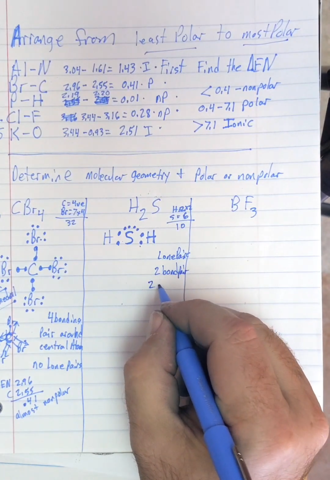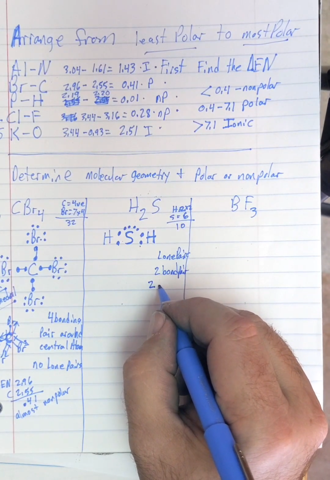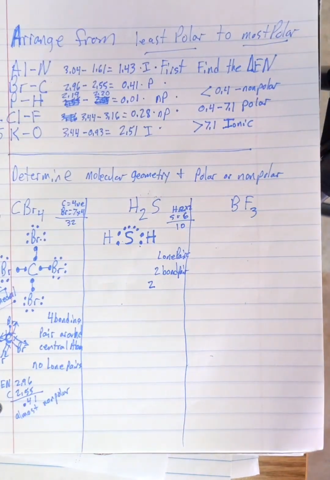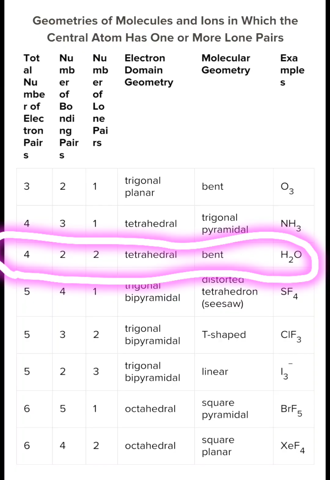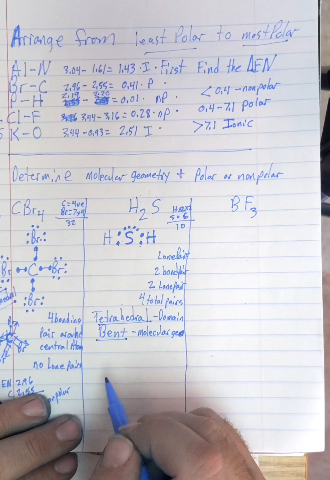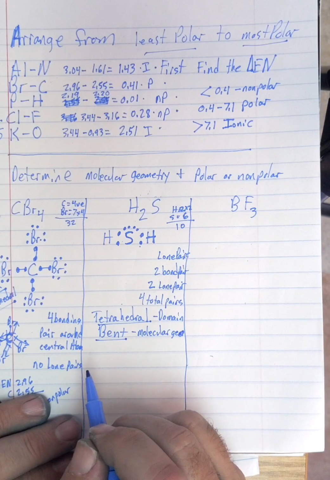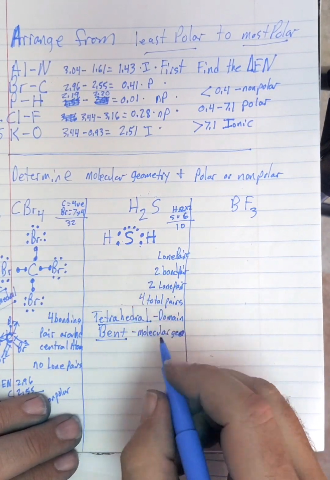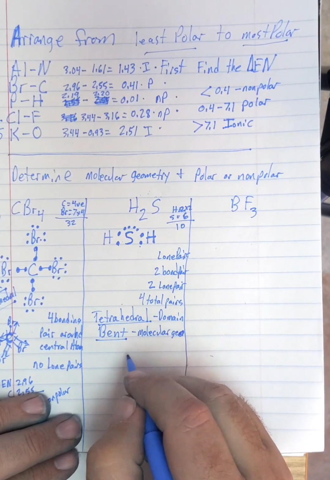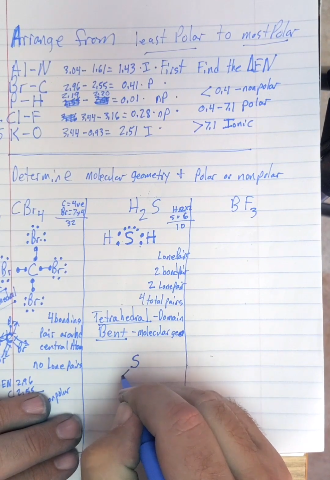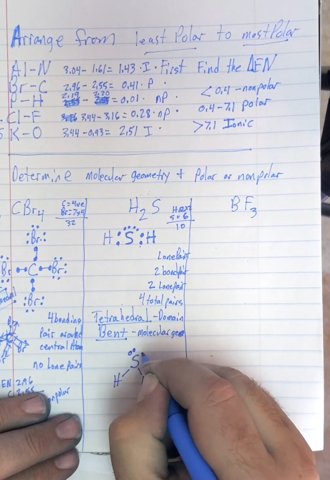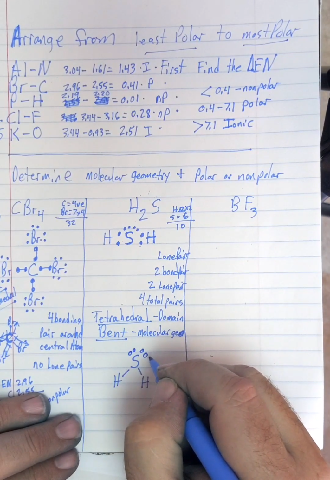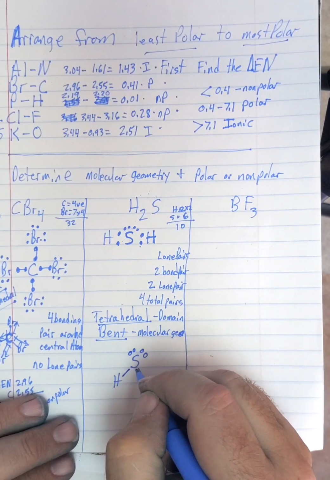Once we know that, we have to look back at the chart, but the chart that includes lone pairs. So here you can see that we're talking about tetrahedral with a bent geometry. Now, water is polar because it is bent, but will that work out for dihydrogen sulfide? All right, let's crunch some numbers.